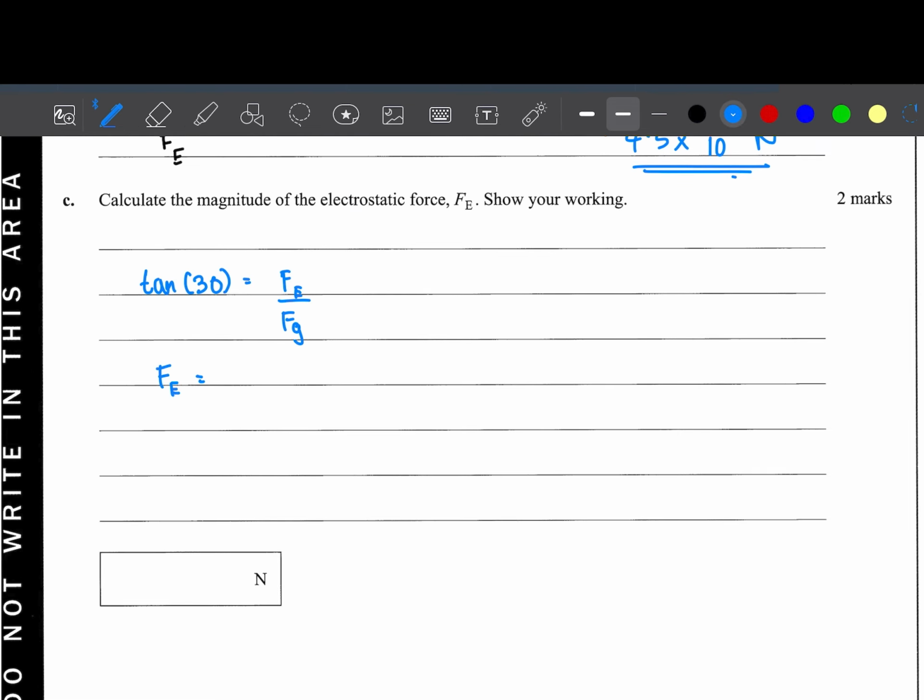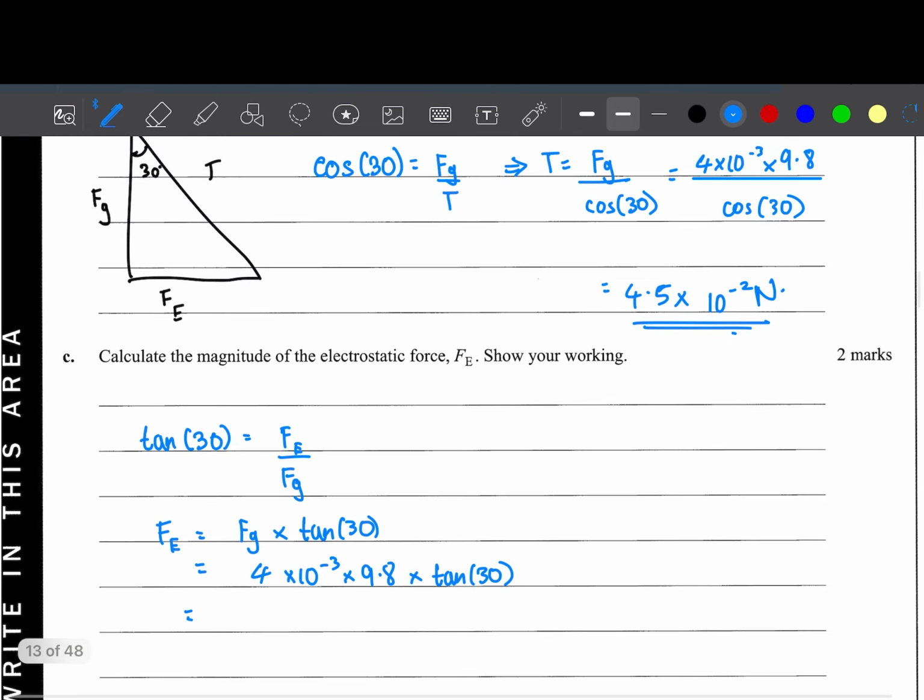So Fe equals Fg times tangent of 30, which will be 4 times 10 to the -3 times 9.8 times tangent of 30. Oh no, not 0.4, 4.